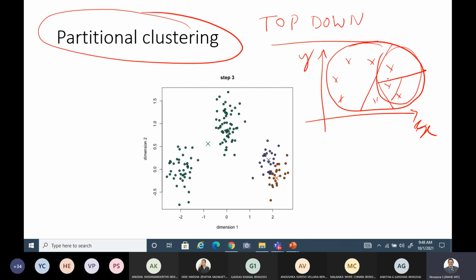For example, this cluster you can divide, and even this cluster you can divide. This also may be divided in some other case. If you see this at the end, you find that the one cluster you have divided and subdivided, so on in hierarchy, finally ends with each small cluster having a single sample.